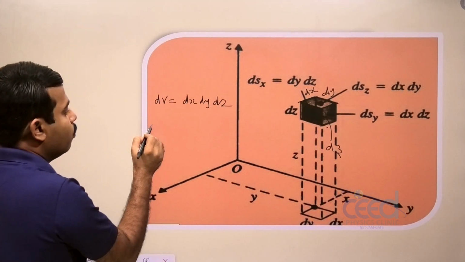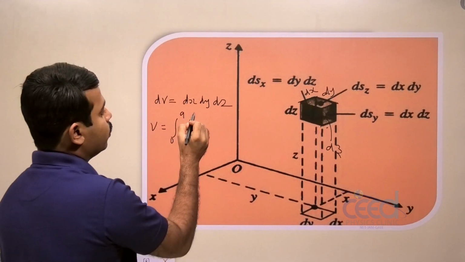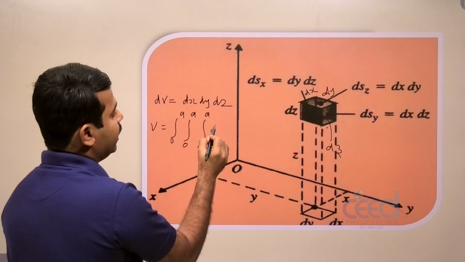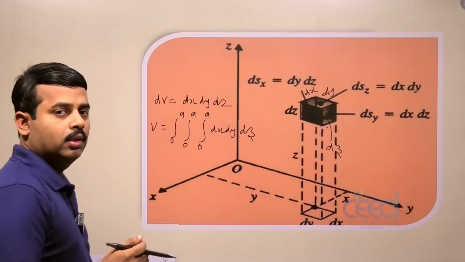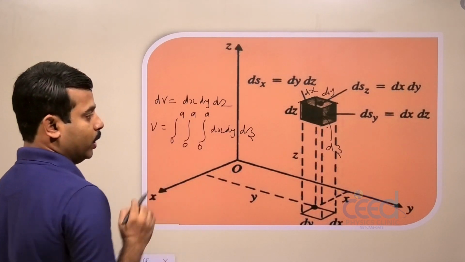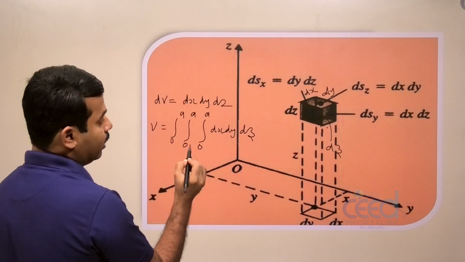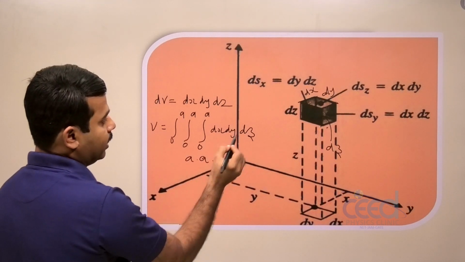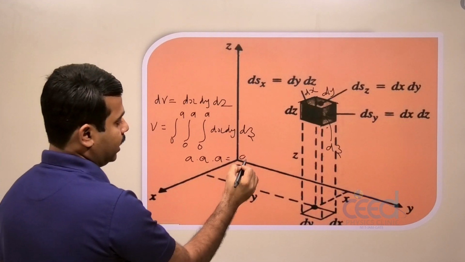Now to find the full volume, for a cube I am considering the integral from 0 to a, 0 to a, and 0 to a of dx dy dz. If it is a cuboid or any other shape, you take 0 to L, 0 to B, 0 to H. So here x from 0 to a, y from 0 to a gives again a, and dz on integration is z from 0 to a, again a, that is a cube.